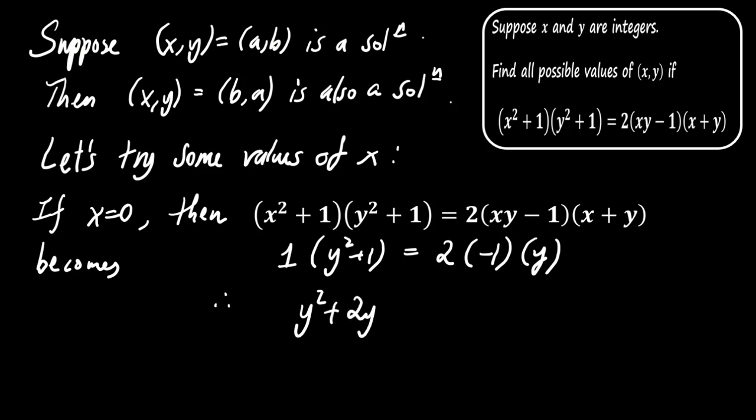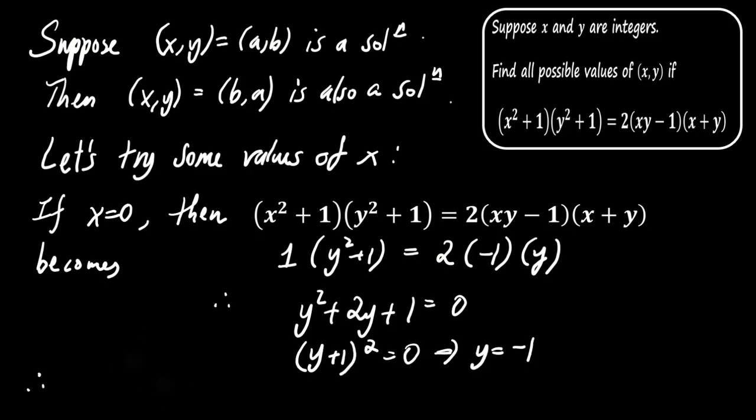We can rewrite it as y squared plus 2y plus 1 equals 0, which simplifies further to (y plus 1) squared equals 0. Therefore, y equals negative 1. So, one solution is x equals 0, y equals negative 1.